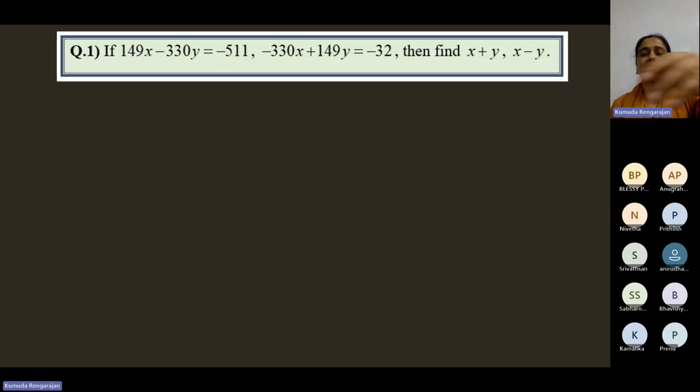Come here, Shakti. Correct, correct. Definitely. But why are you doing that in the rough column? Very good. Show me what you're doing. Correct. The method. Very good.